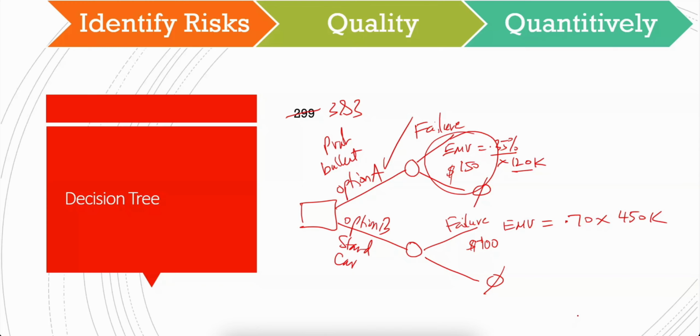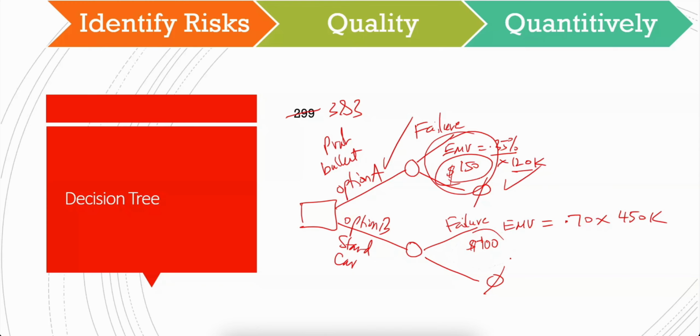So let me calculate my EMV using a decision tree, and my decision is that because my EMV is high here versus here, I'm going to go with this. So the expected monetary value is high there versus this.